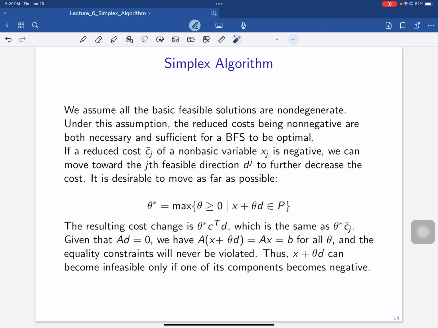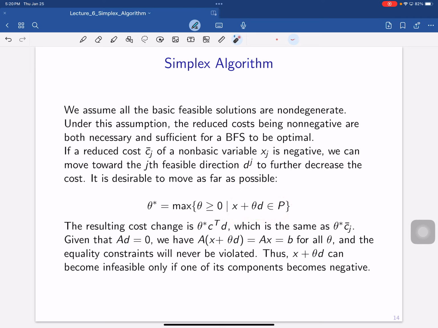And how far should we move, right? Of course, it is desirable to move as far as possible, because you know that when you move along that direction, the cost is always going to be reduced if the reduced cost is negative, right? So the step you should move is a maximum step size such that you are still in this polyhedron P, right?